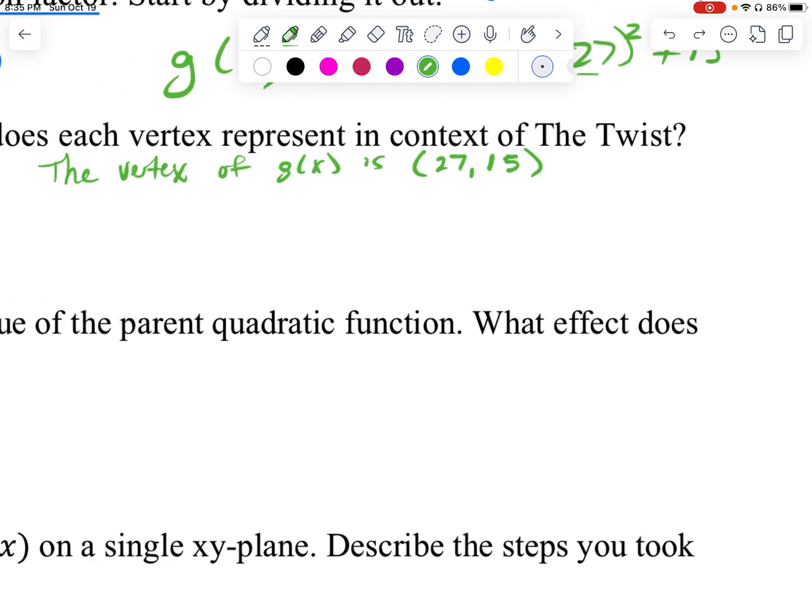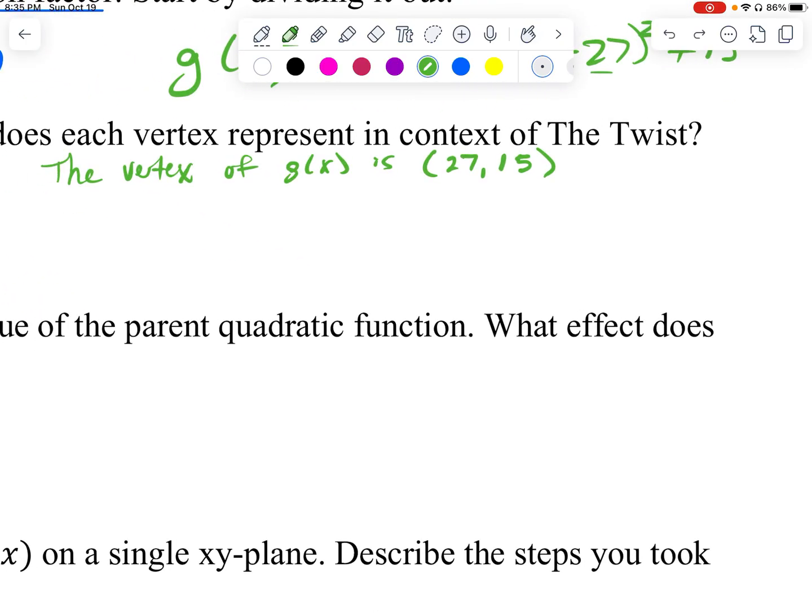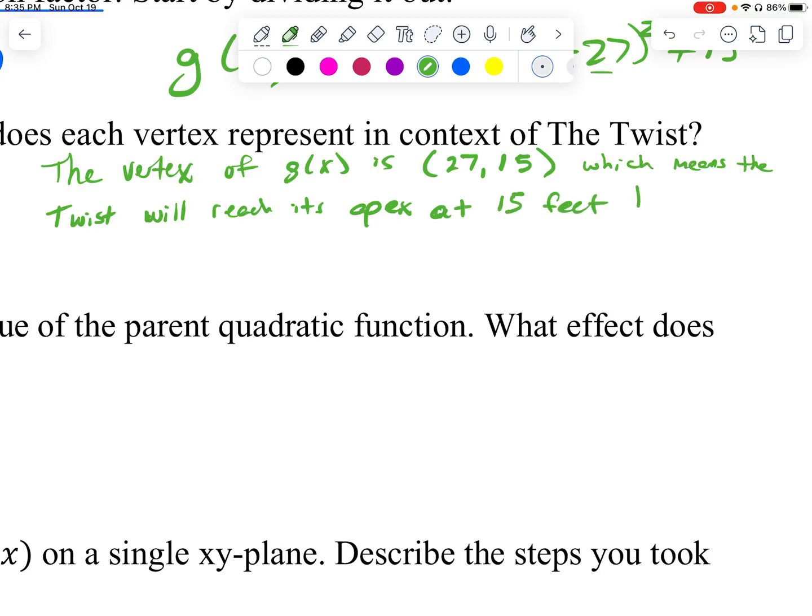So the vertex of g of x is 27, 15, which means that the roller coaster, the twist, will reach its apex at 15 feet high.